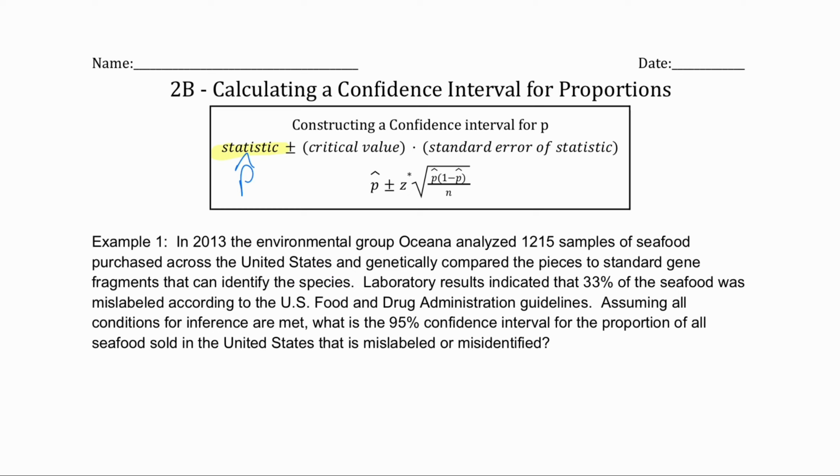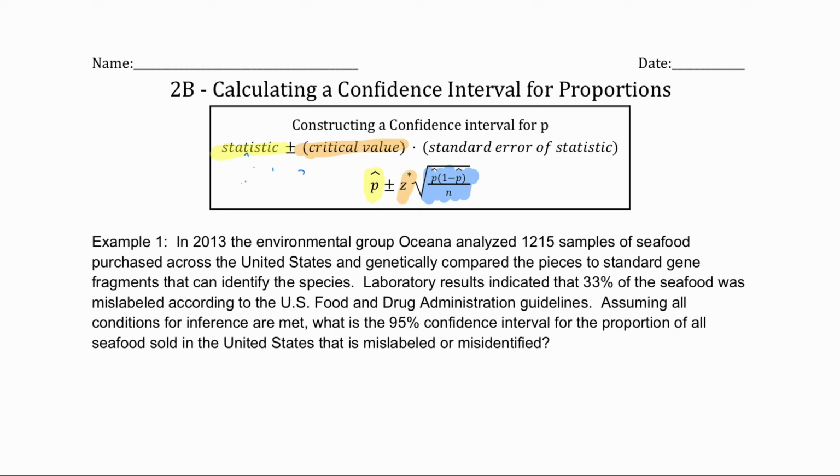Now the critical value for what we'll be dealing with, proportions, is going to be a z-score, so plus or minus the z-score times the standard error of the statistic. All of this is written right down here. So we have the z-score, we have the statistic, and then we have the standard error of that statistic.